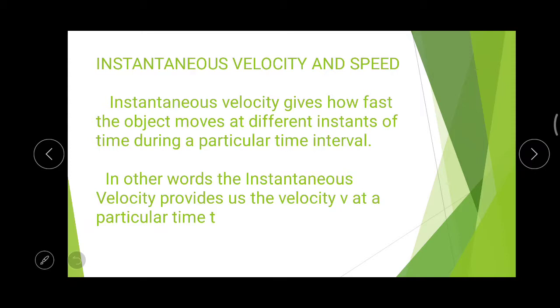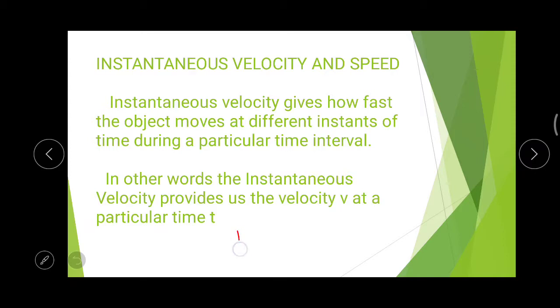That means the velocity per unit time. Now if you want to get the velocity for an instant of time, a fraction of a second, then it is known as the instantaneous velocity.